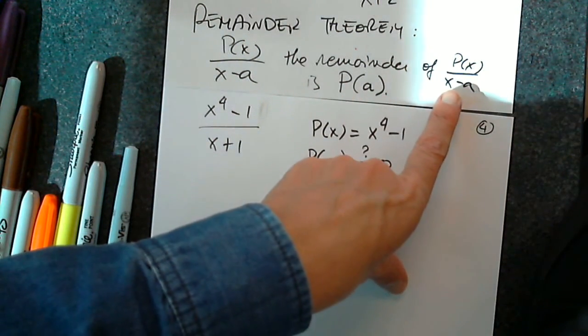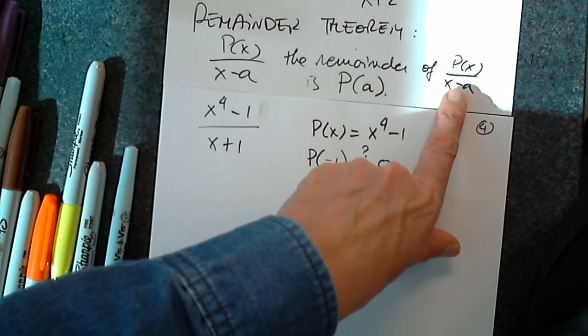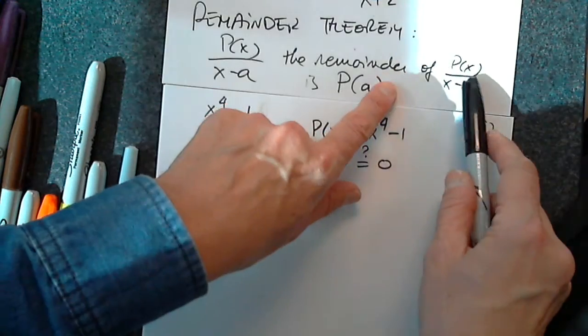Because the remainder of such a division, but the divisor has to look like this, not x squared minus 15.